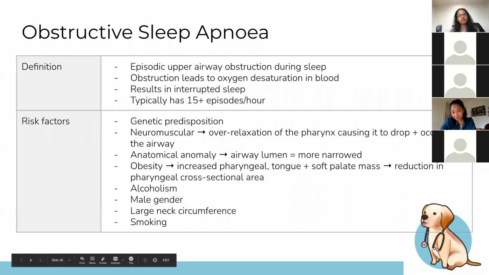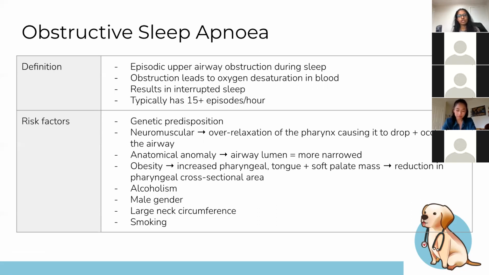The next thing that we have is obstructive sleep apnea. This will again be another one of your ICL cases, so you guys will learn this in quite a lot of detail. But basically, it's a condition that's defined by episodic periods of decreased airflow during sleep. So it's predominantly based on a set of clinical features. These clinical features are usually persistent snoring.